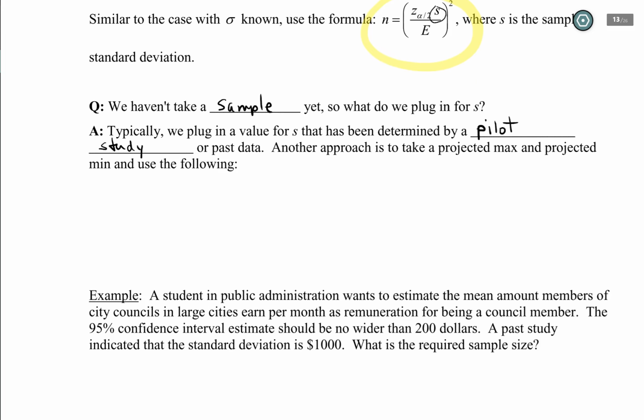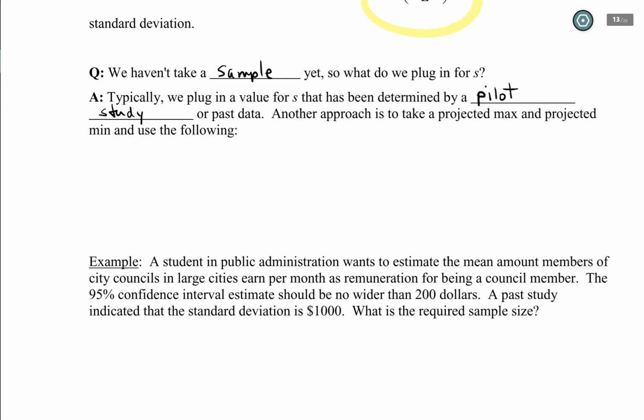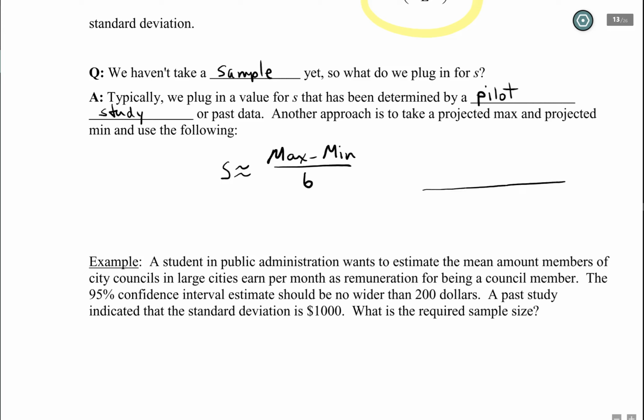Another approach, and a pretty clever approach, is to take the projected max and projected min of your data set and say that, well, the sample standard deviation is going to be pretty close to the max minus the min divided by 6. Okay, so why is that the case? This actually comes from, think back with me, the empirical rule idea.